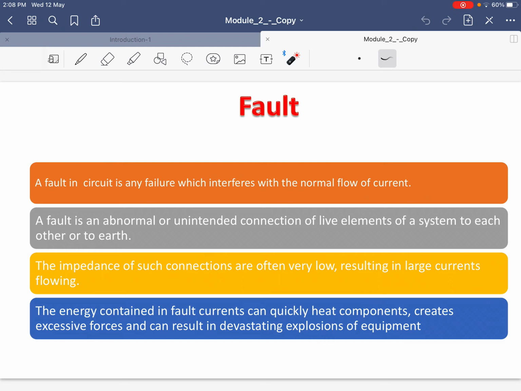A fault is an abnormal and unintended connection of live elements of a system to each other or to earth.